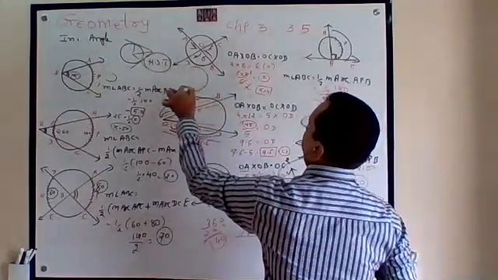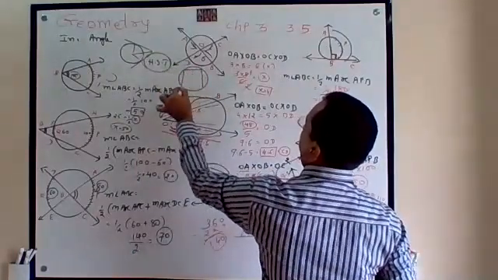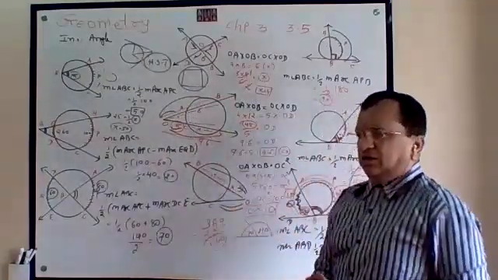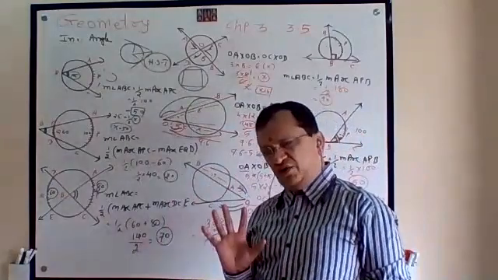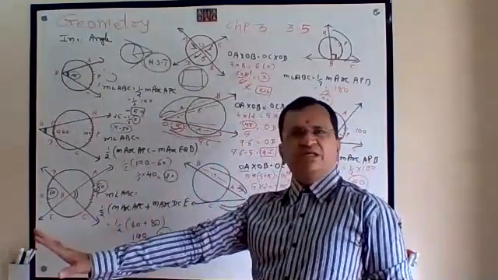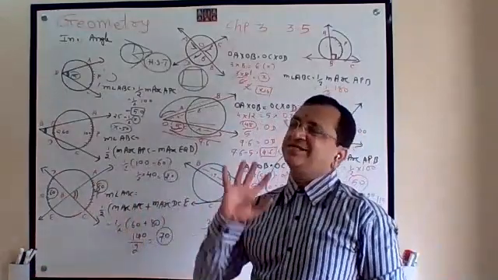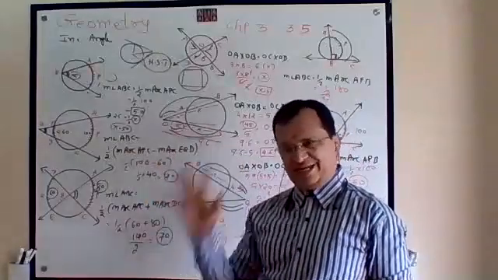Second, cyclic quadrilateral. Of this chapter, these 2 theorems are very, very important. You have to learn them by heart. Cyclic means what? A quadrilateral whose all 4 vertices are on a circle. That is known as cyclic. When a quadrilateral is of any shape, but the 4 points are on a circle, it is cyclic.